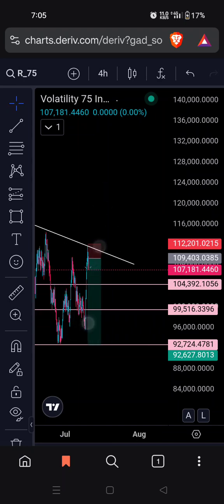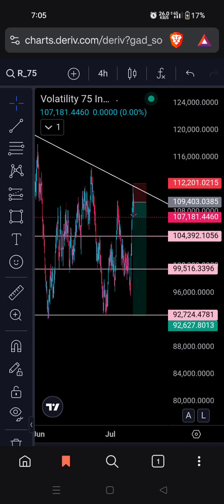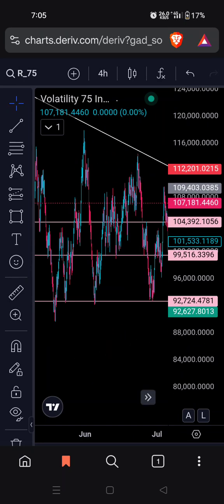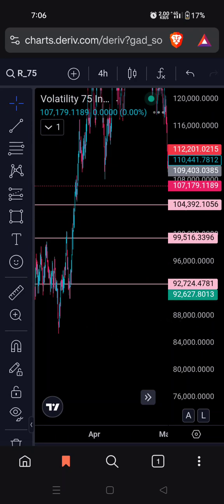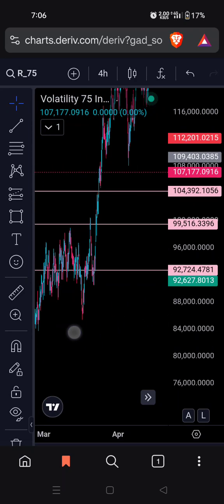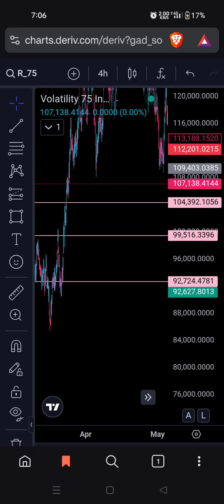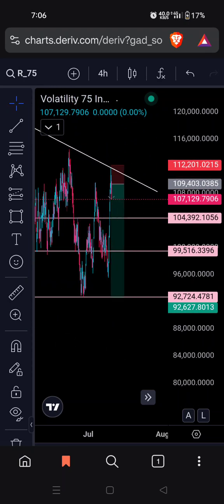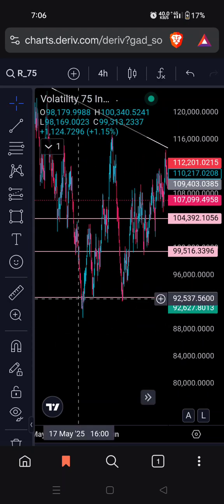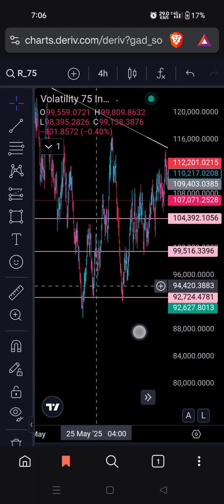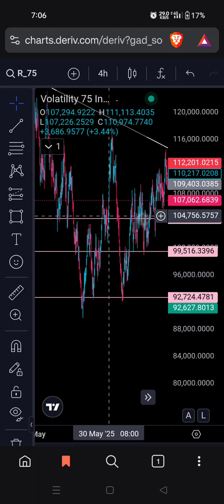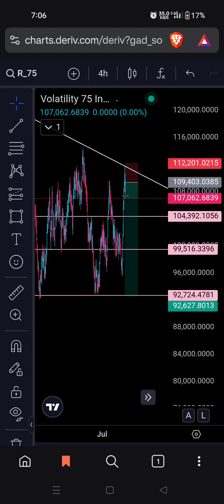Now, you also see that there is a support here, 97,724.4781. That's the last number there. It's a very important support level in the sense that the market has always respected it. It respected it even though it went a bit lower, went up, came down, respected it here, went up again, came there, respected it.